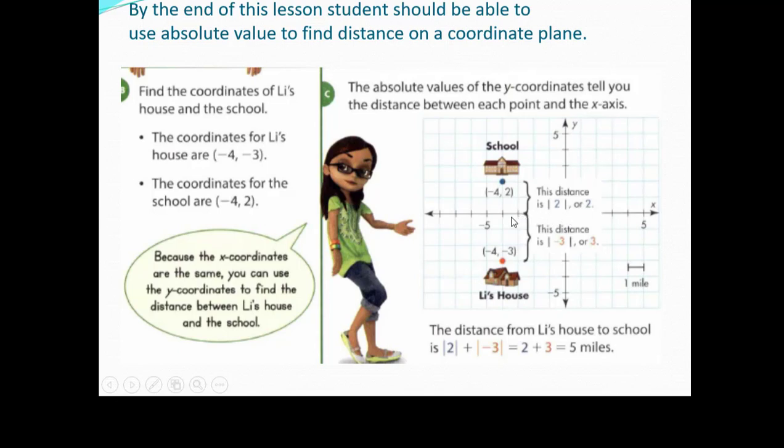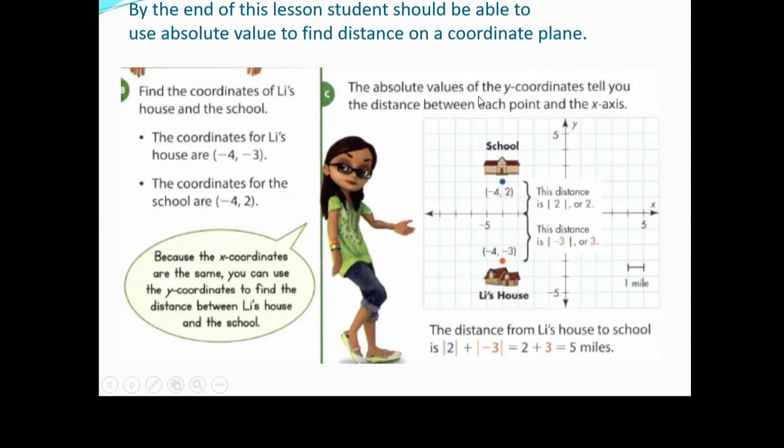Here we went left 4 steps or 4 units, so the x is -4, and down 3 units, so the y coordinate is -3. Now the school: we go left, so x is negative, here -4, and we go up 2 units. This means the y coordinate is positive.